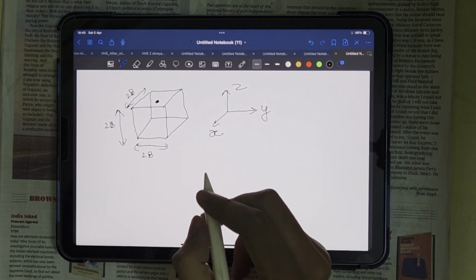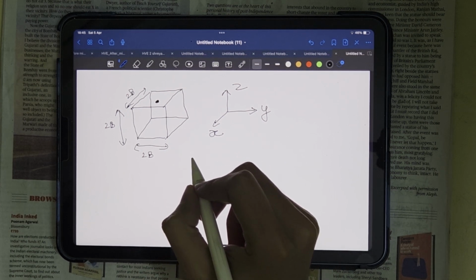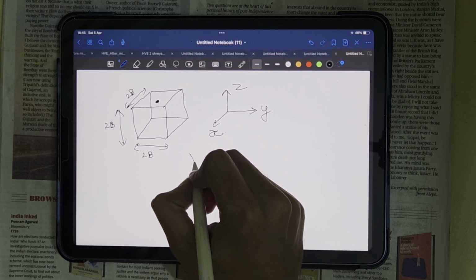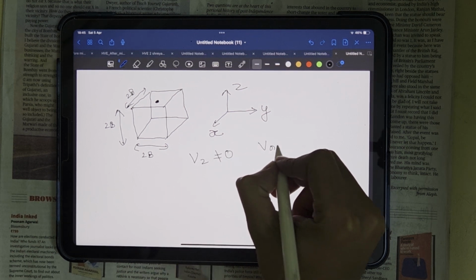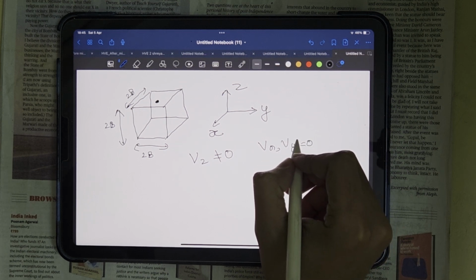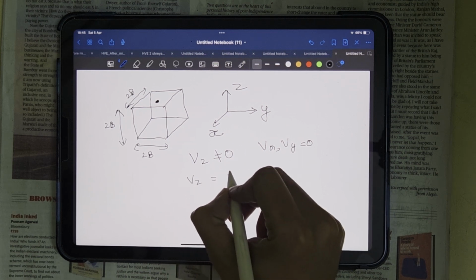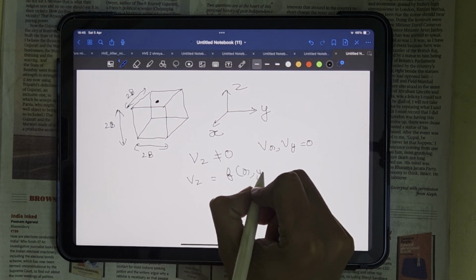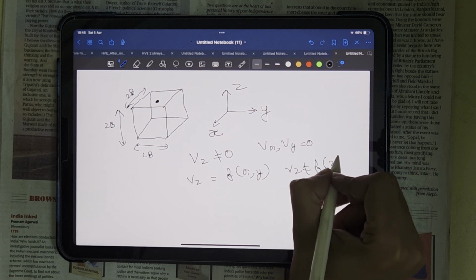Now in the question it was given that the fluid is incompressible and the flow direction is downward, so therefore only Vz would be non-zero and Vx, Vy will be 0. But Vz will be a function of x and y. Vz is not a function of z.